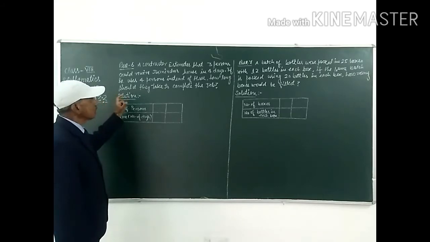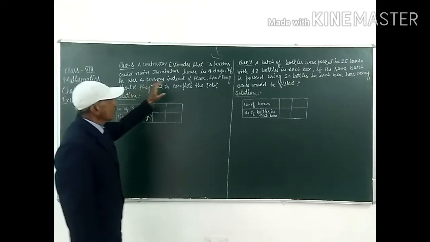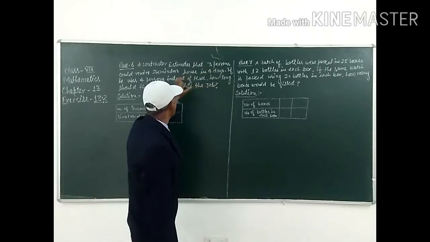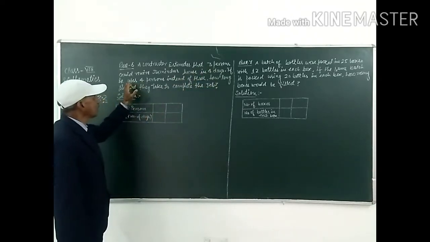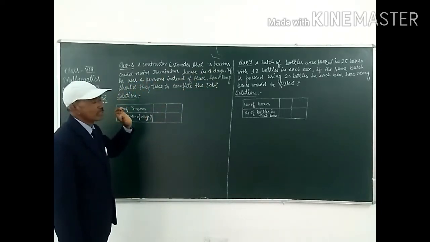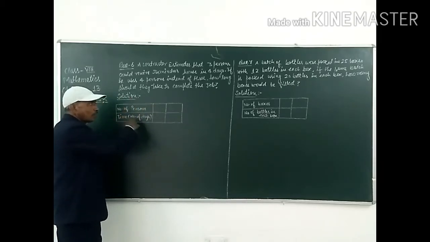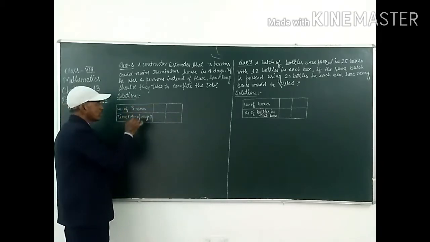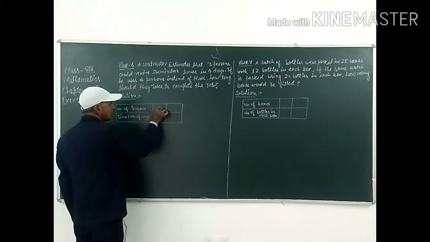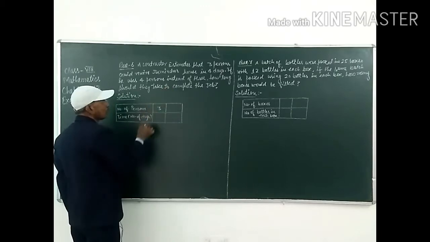So, students, in this question, if 3 persons can complete the job in 4 days, first of all we have to make this table, students. According to this question, if there are 3 persons, they could complete the job in 4 days.